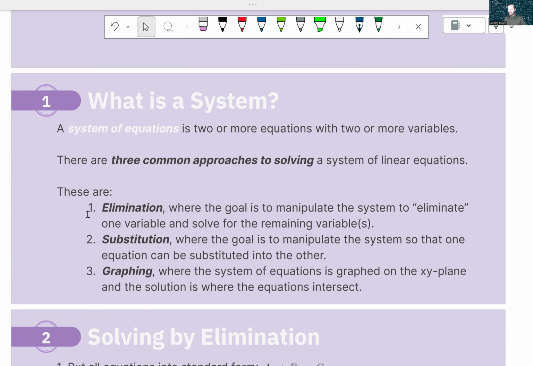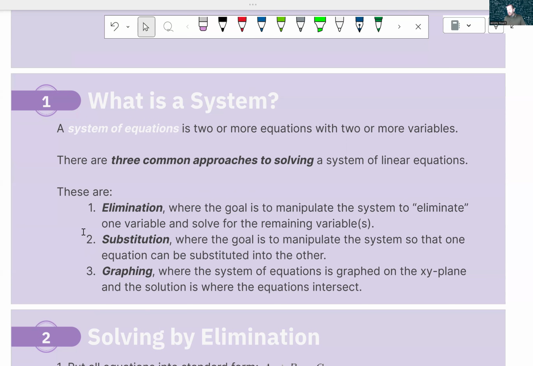But there are two other algebraic ways that we can solve systems of equations as well. Most likely for the SAT, you'll be able to graph with a graphing calculator, and you probably won't really need elimination or substitution, but I do think it's still something that's good to know.